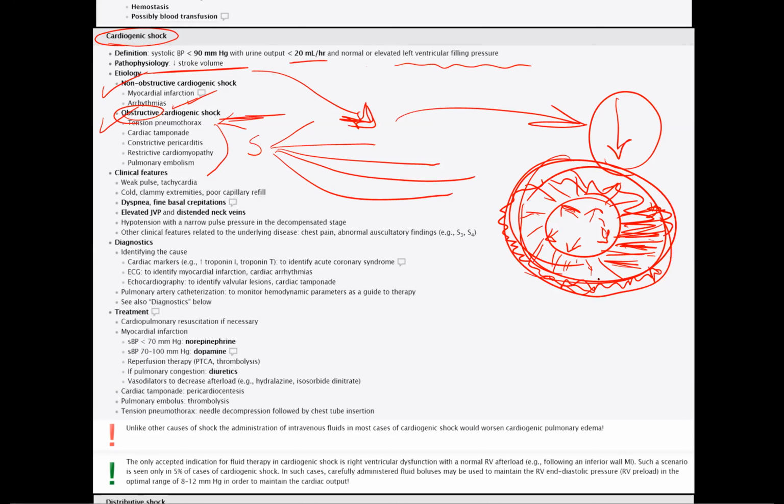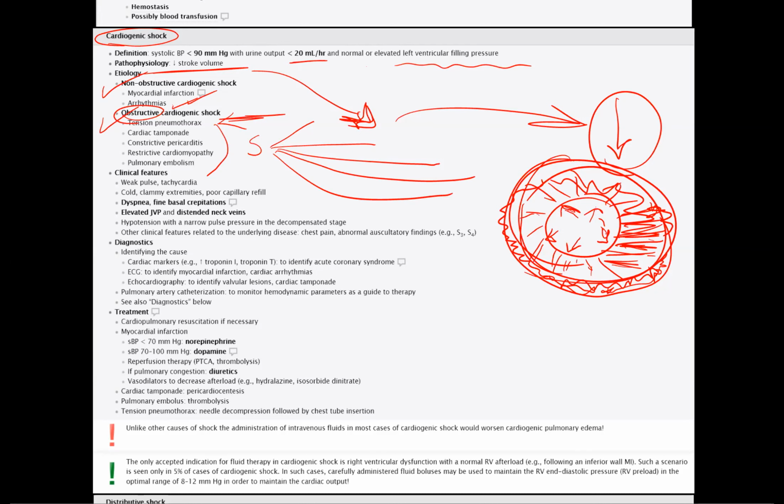Then some cardiomyopathies, like restrictive cardiomyopathy, like in amyloidosis, sarcoidosis, whatever, we have many causes of restrictive cardiomyopathy. The heart is prevented from pumping blood. Lastly, massive pulmonary embolism. This is a type of cardiogenic shock. Why? Because the pulmonary trunk itself is obliterated, preventing the heart from pumping. All of these are types of obstructive cardiogenic shock.